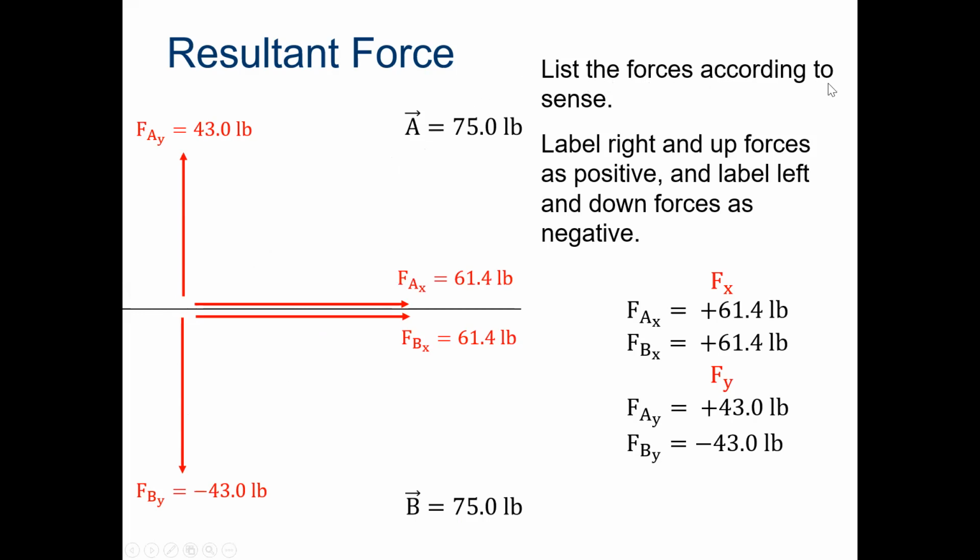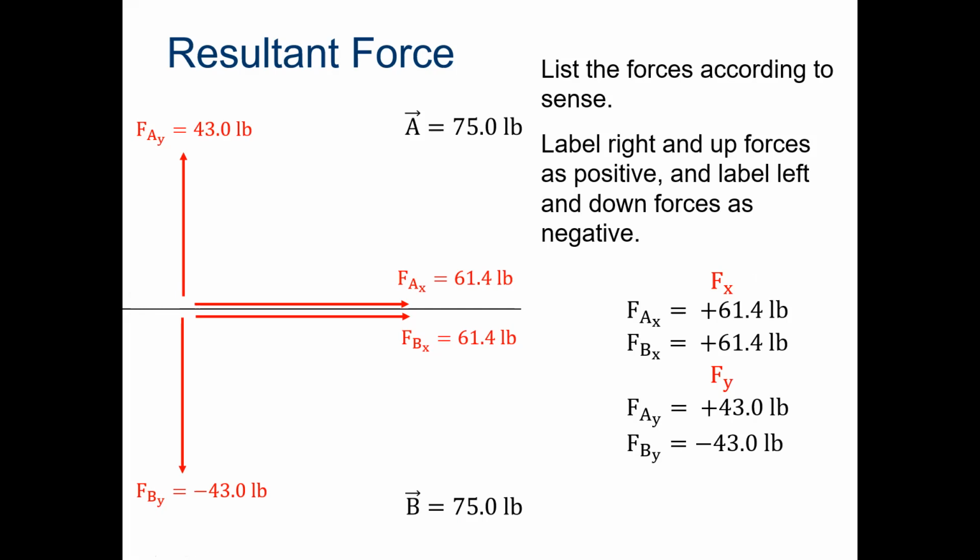List the forces according to sense, label right and up forces as positive, and label the left and down forces as negative. Before we draw our free body diagram, I like to draw this table right here. I would list out our X components.